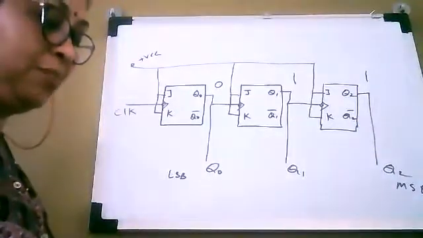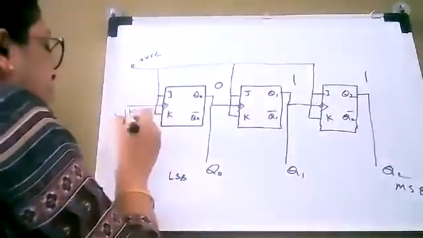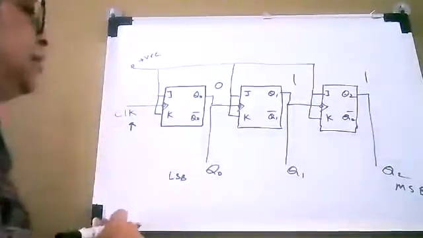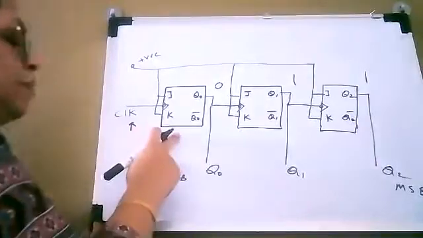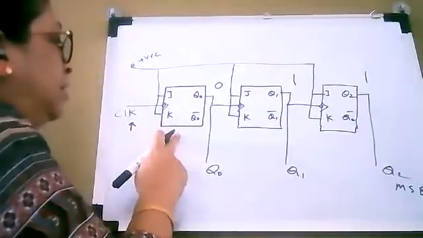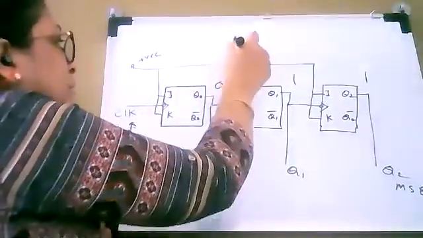If we apply a clock pulse, if your previous state is 1, 1, and 0, and now suppose I have applied a clock pulse here. After application of the clock pulse, flip-flop number 1 is going to toggle, and it will toggle from 0 to 1.